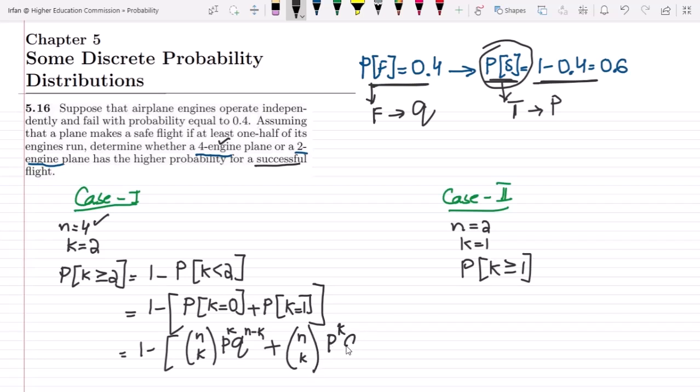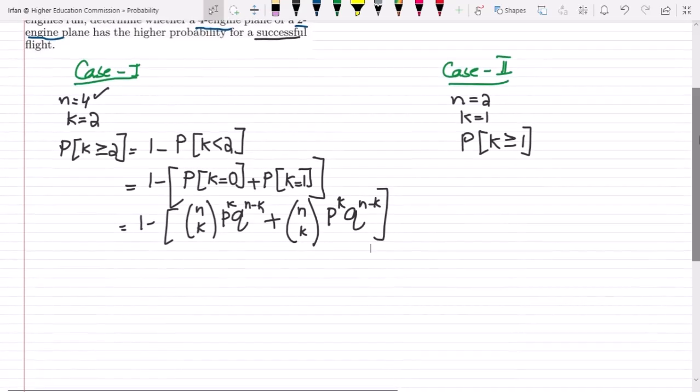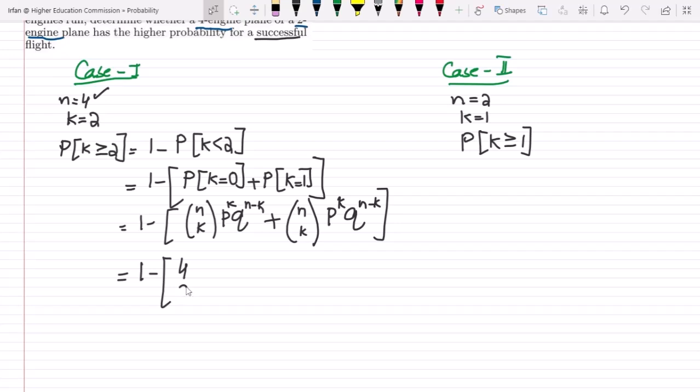Let me put values here: n for the first case is 4, choose 0, and the probability of success is 0.6.